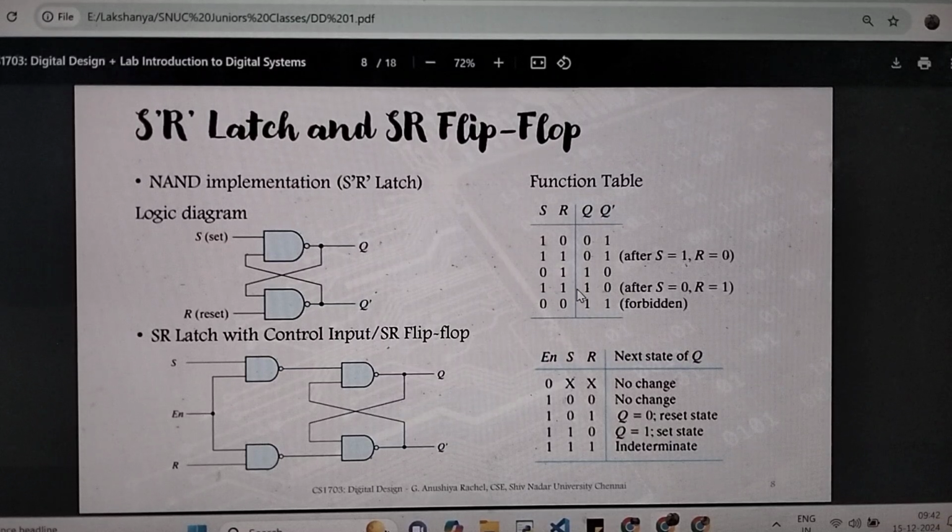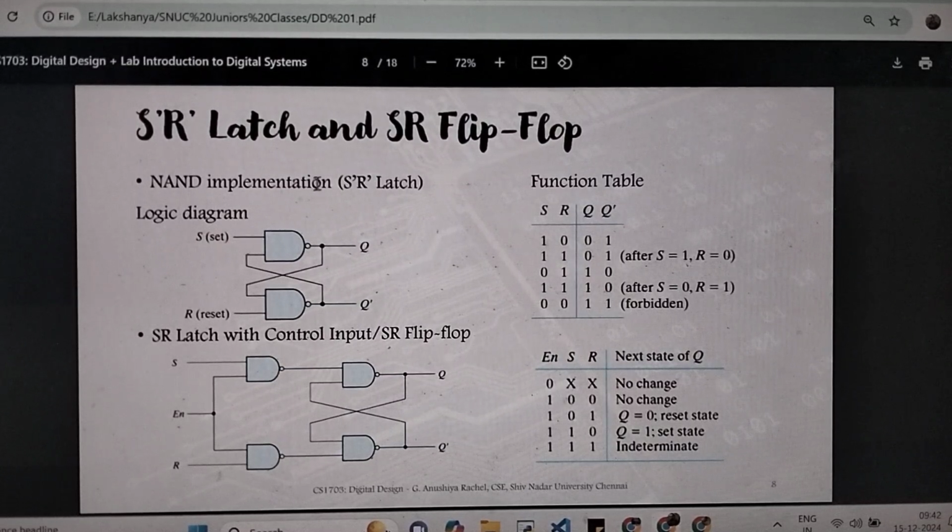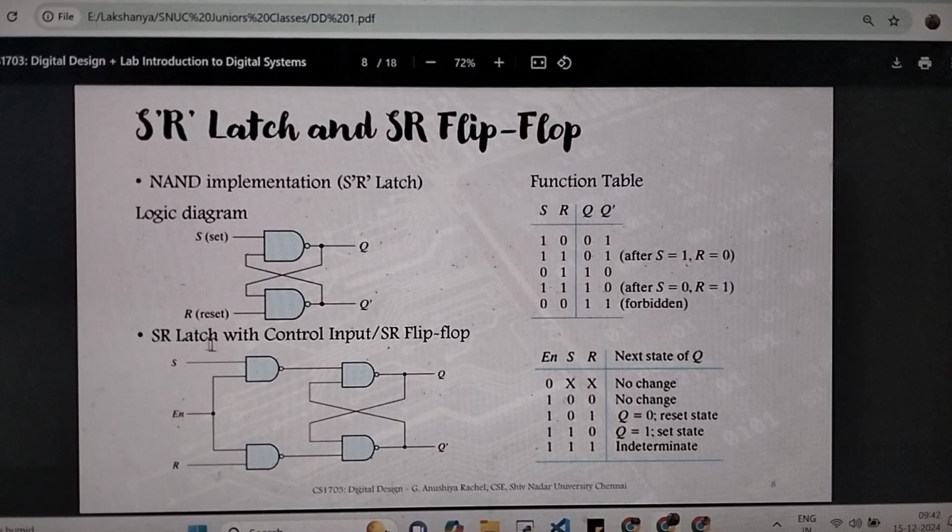And when it is a 1, 1 in an SR latch NAND implementation, we know it just retains its current state. No computation happens, no change of state happens when the inputs are a 1, 1. So when the enable is 0, irrespective of what my S and R values are, there will be no change. So this is like the switch off position. Switch off in the sense you still retain, you don't forget the current state, you hold it in your memory, but you do not perform any computation.